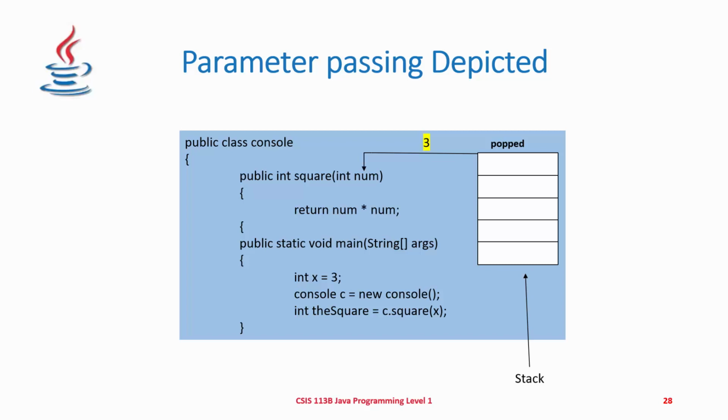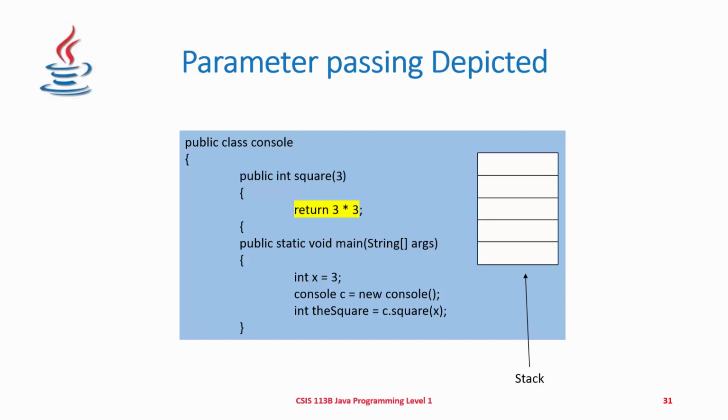The value 3 is popped off and plugged into the integer num, the formal parameter. Then in the statement, the two nums get replaced with the value of 3. They are multiplied, and come up with 9.